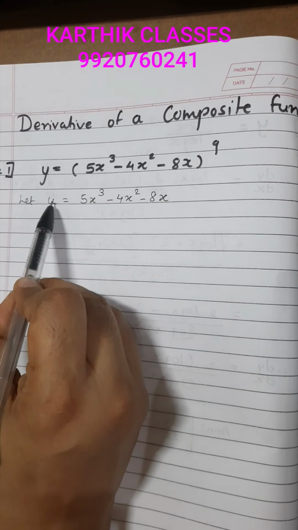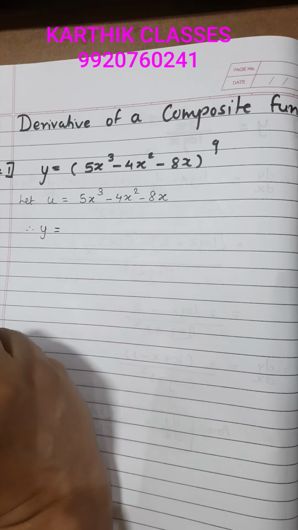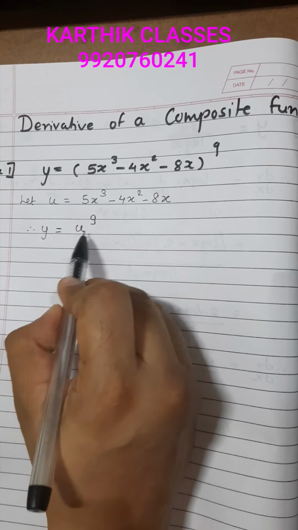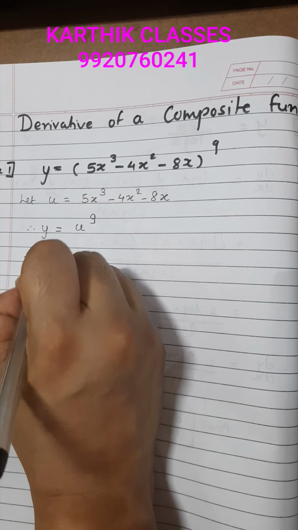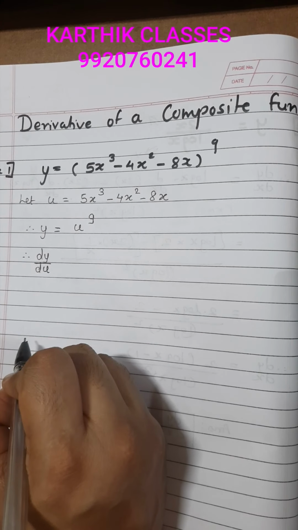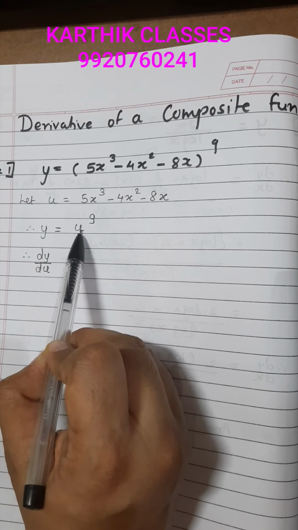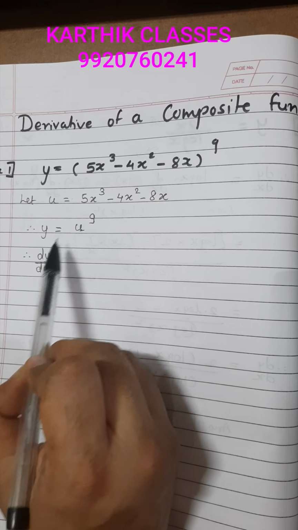Now when I substitute u here, what is the value of y? We will get y as u raised to 9. So you can see I have just simplified the given expression. Now y is a function of the variable u, so what do I get for dy by du?